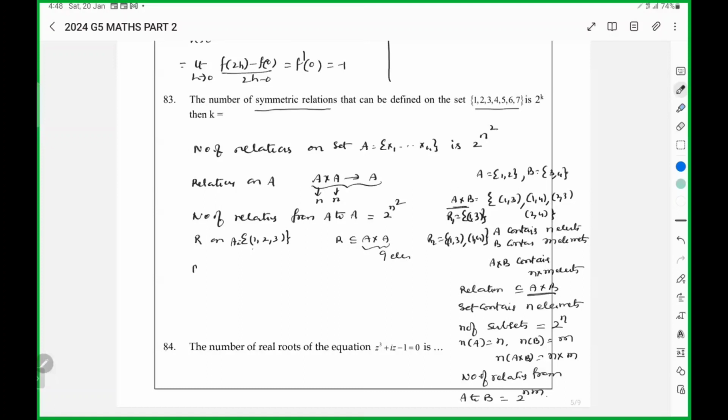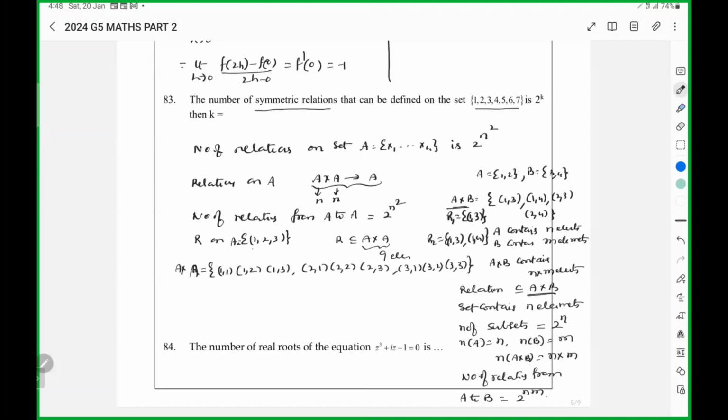Like all possibilities of A cross A: (1, 1), (1, 2), (1, 3), (2, 1), (2, 2), (2, 3), (3, 1), (3, 2), (3, 3).